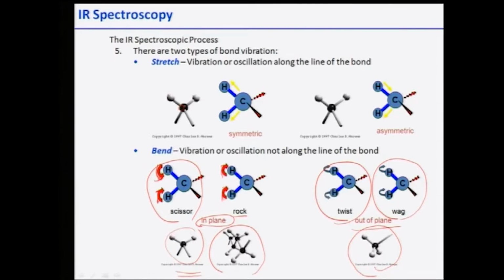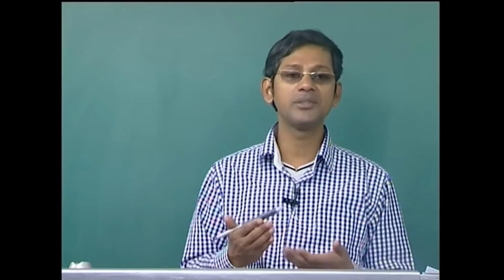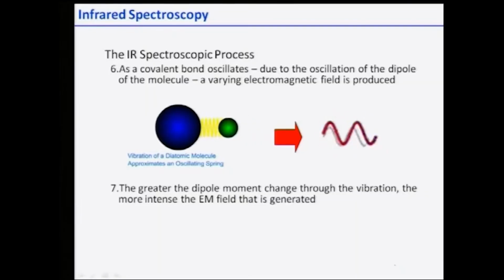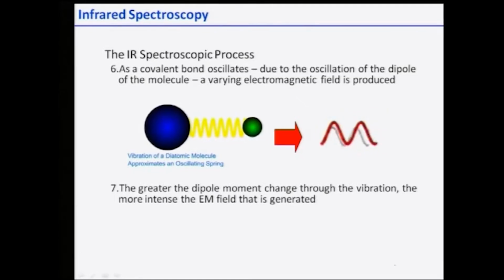That is what I am trying to impress upon you, so that you can use these energy levels to detect the kind of vibration present in the molecule. That is why it is called vibrational spectroscopy. IR spectroscopy is always known as a vibrational spectroscopy. To give you a better perspective, in the IR spectroscopy process, a covalent bond oscillates due to oscillation of the dipole of the molecule.